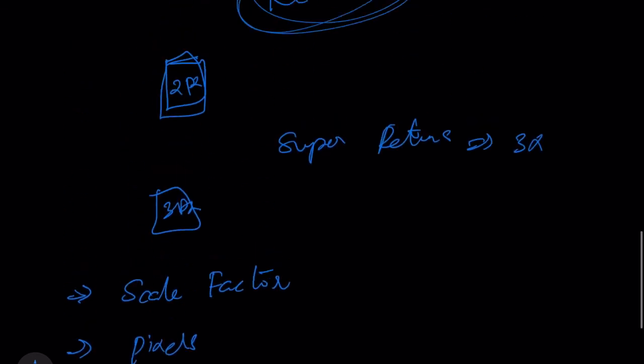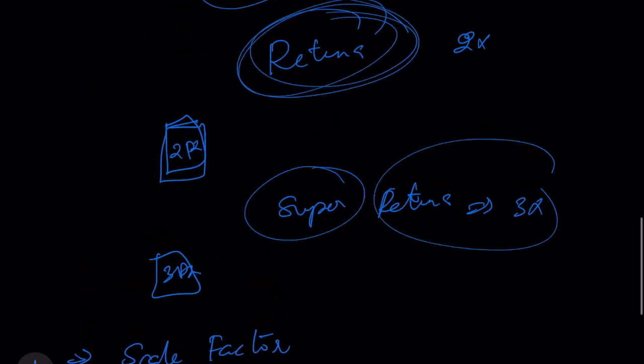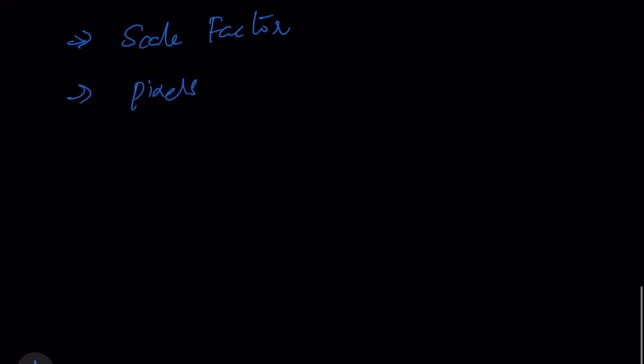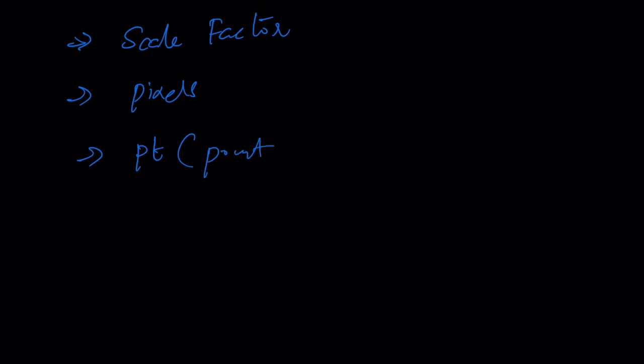Now, since we have different scale factors and different sized devices, we need a generic measuring unit that you can use to set the size of the elements in your user interface, and that is where points come in. We can shortly call it PT, or points.